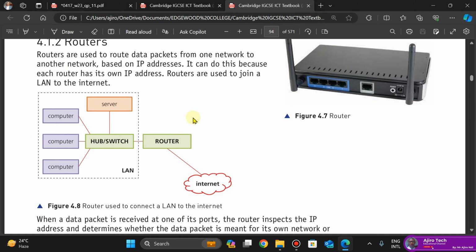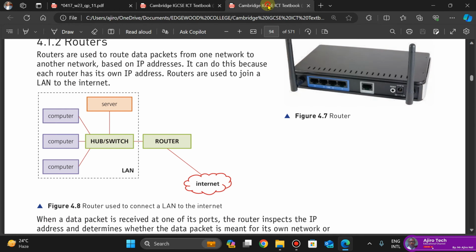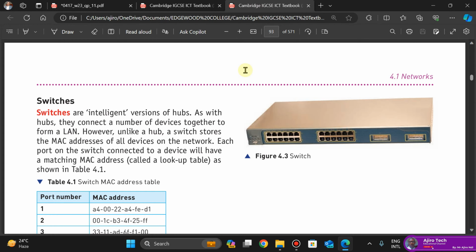In this case, it is routing from this network to an external network, and a good example of that external network is your internet. Do you understand? So that's what it does. So let's look at the bridge. I'm just going to write this here for the bridge.